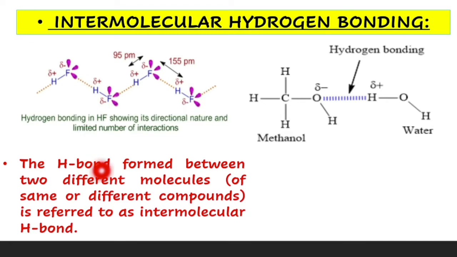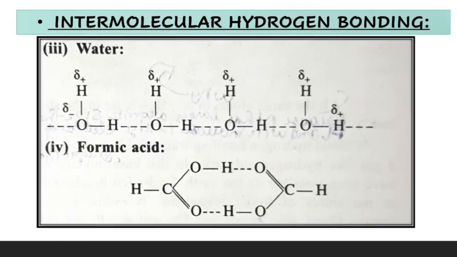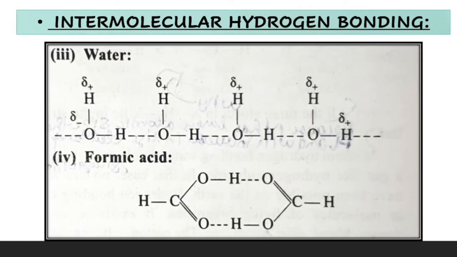Those molecules can be the same molecules or they can be different molecules, and such type of bonding is referred to as intermolecular hydrogen bonding. In this case the hydrogen of one molecule makes a hydrogen bond with the electronegative atom of another molecule.